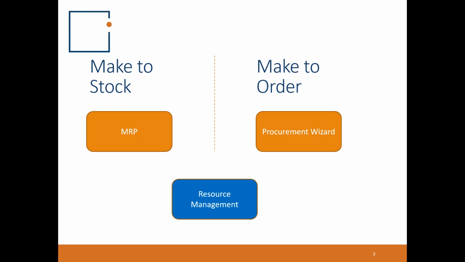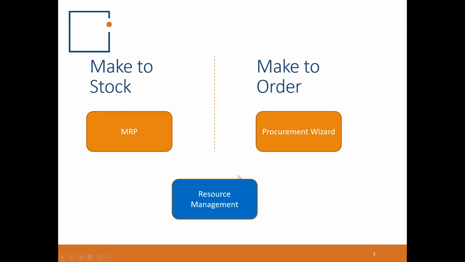The other option is make to stock. Make to stock is really the MRP, and this is what we're going to focus on today. Some companies will use both. They are doing make to order, so they will create the production order based on the sales order, and then they will run MRP to generate the demand for the components of the BOMs and sub-assemblies.